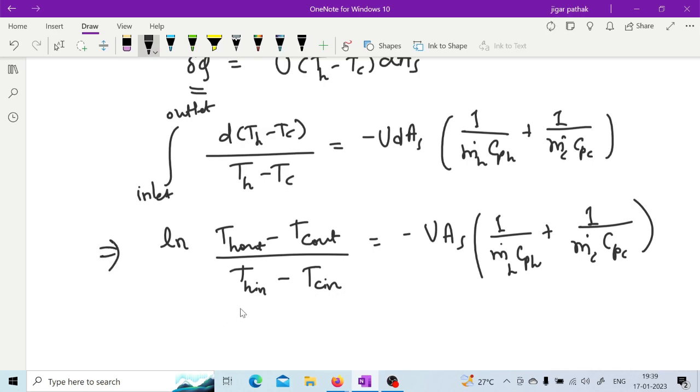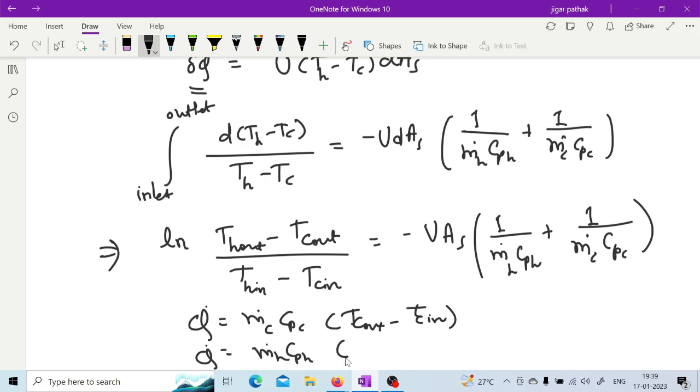Now you can simplify this equation further, because we have seen that the heat transfer in the cold fluid and hot fluid are represented by mc cpc (Tc out minus Tc in) and mh cph (Th in minus Th out).